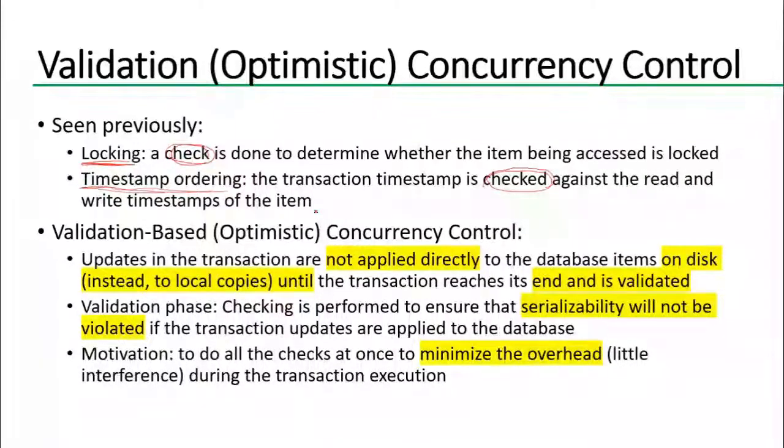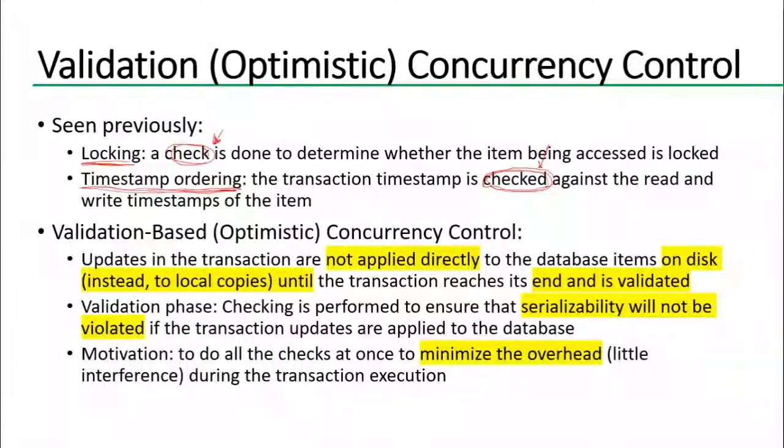Before you do some operations, some read or write of an item, you check the timestamp of the transactions on that item. So the keyword here is you always check for safety if you can access a certain database item. So you always check before.